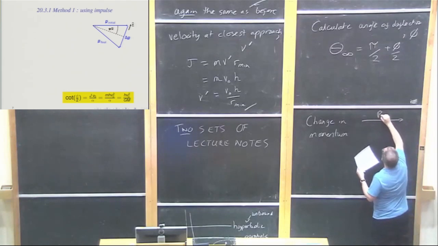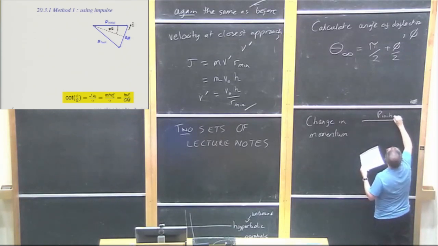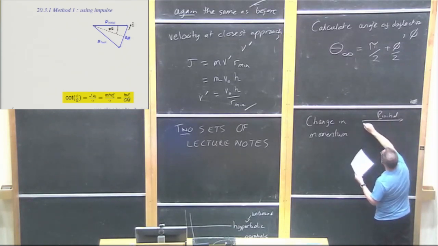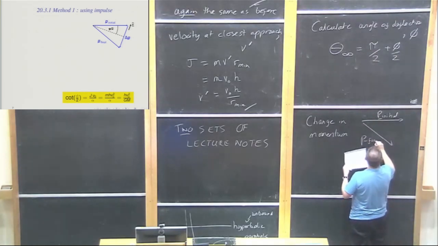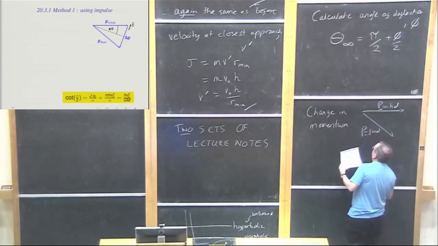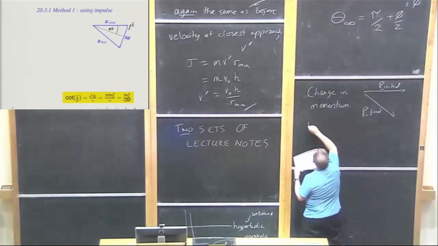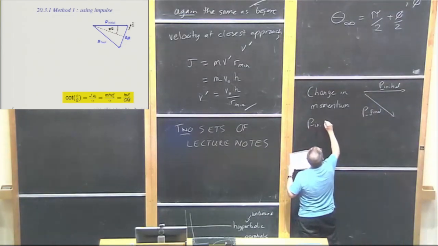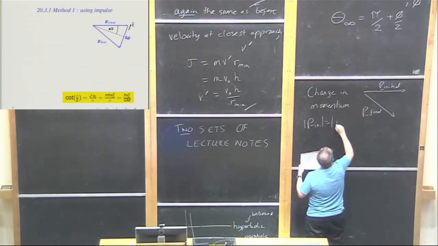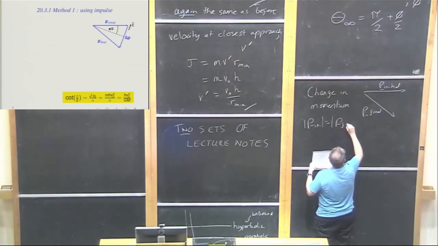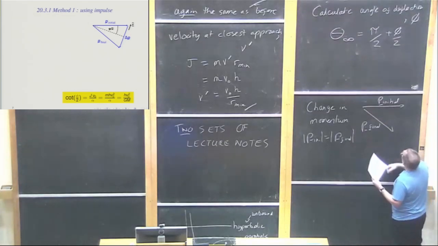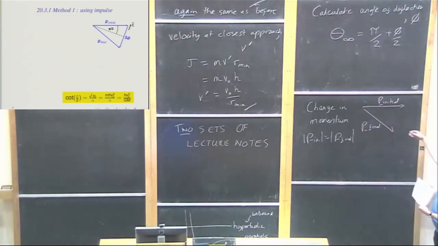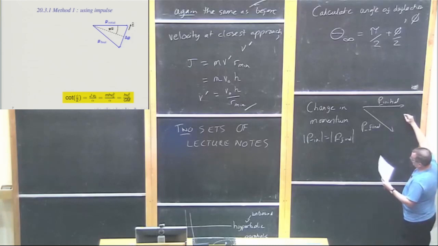So this is P initial, and this is P final. Let's be clear that the magnitude of P initial is the same as the magnitude of P final. The only thing that's happened is it's been moved through an angle.